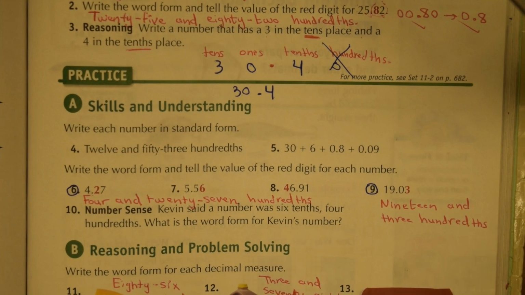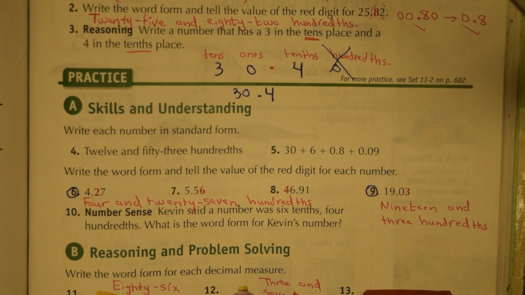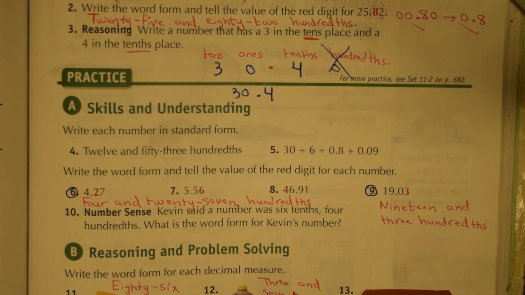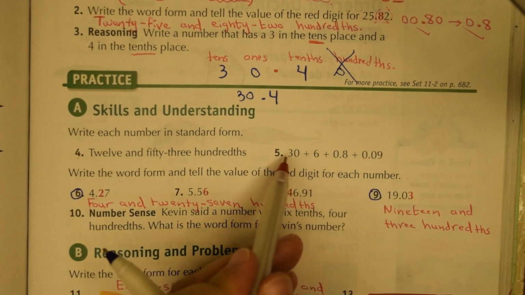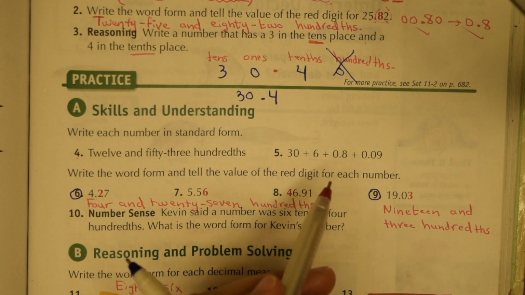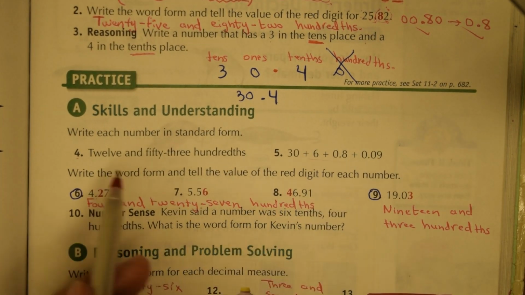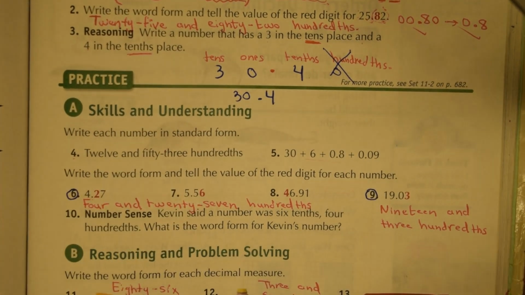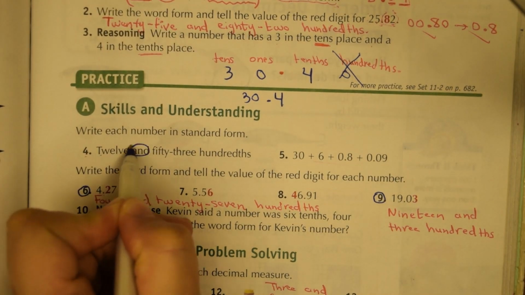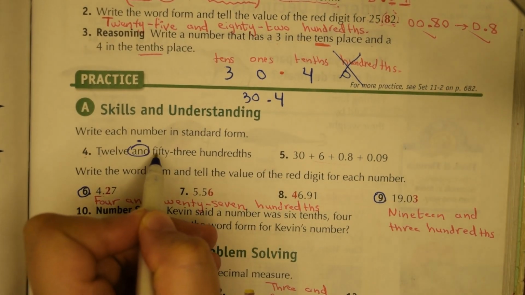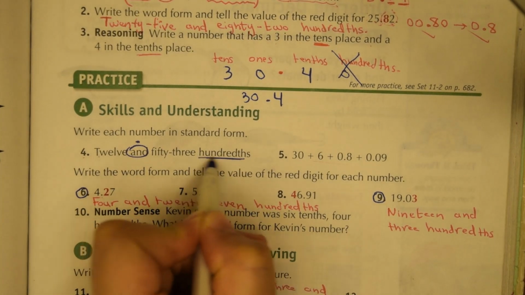Okay, now practice. Write each number in standard form. Here I have a word form, and I want to write it in standard form, and this is an expanded form, and I want to write it in standard form. So for this one, first I will read it. It's 12, and for the decimal point, 53 hundredths.